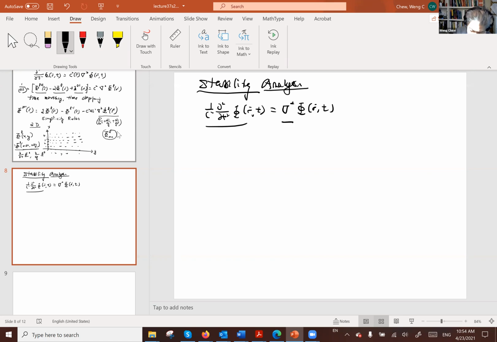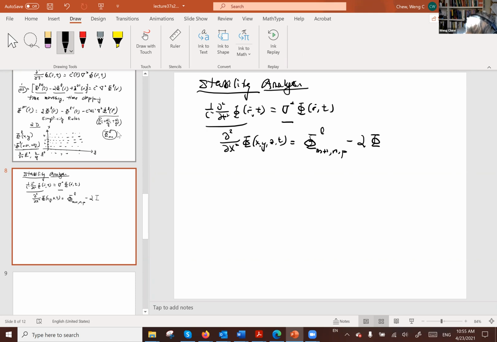I also need to make finite difference approximation for the right-hand side, which would be amounting to that if I have the x derivative, for instance, of this function phi of x, y, z, and t, it would be amounting to, if I use the finite difference notation, I will evaluate my phi at one grid point over, at m plus 1 at the present time step, minus 2 phi at the present grid point at the present time step.